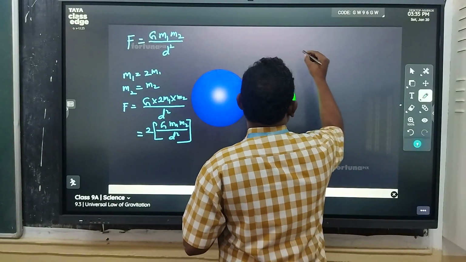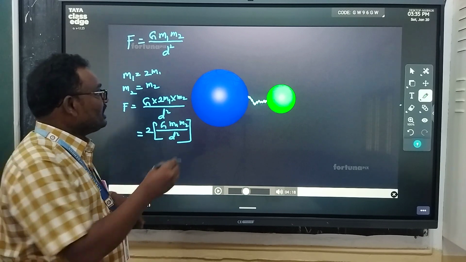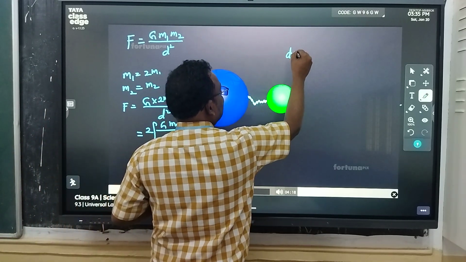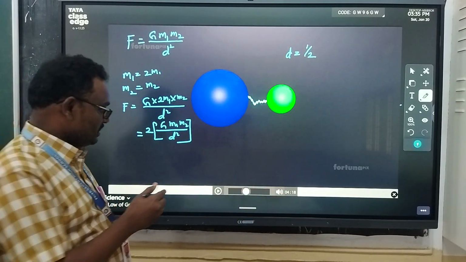Let us do that one also. For example, the d value is taken as half. If the distance becomes half, what will happen to the force of gravity?